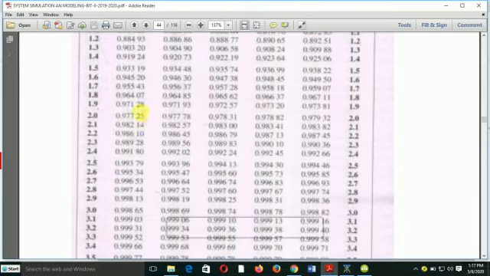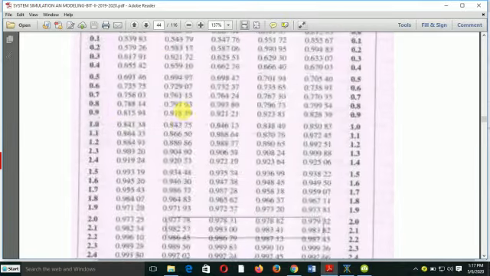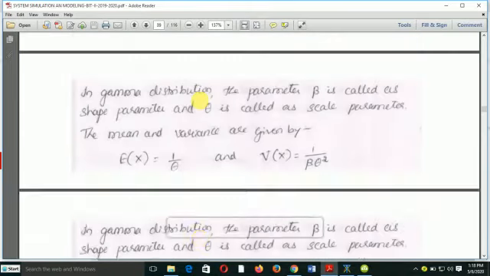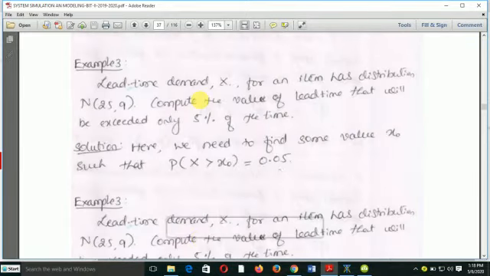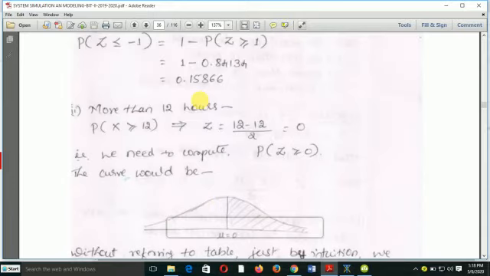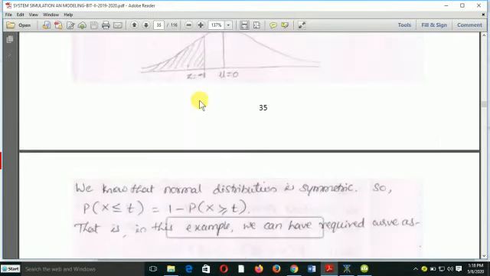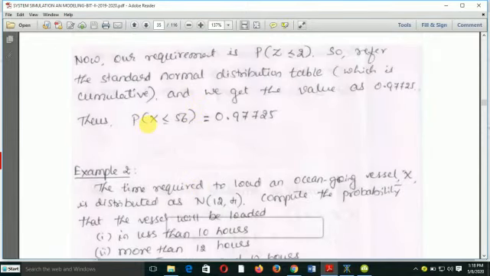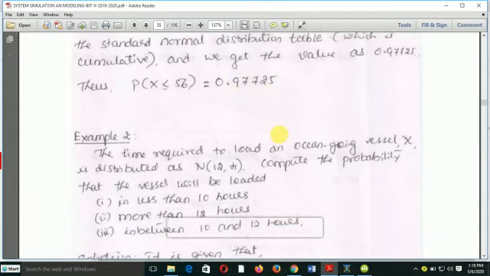We find that when z is equal to 2, the probability is 0.97725. So the probability that x is less than or equal to 56 is 0.97725.